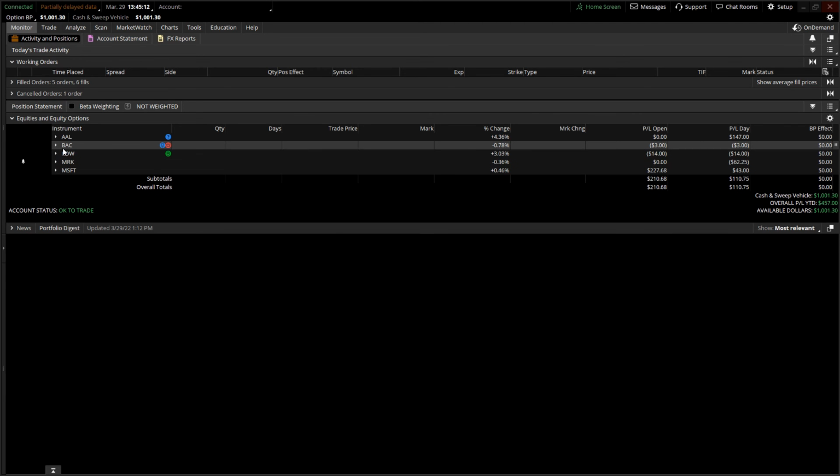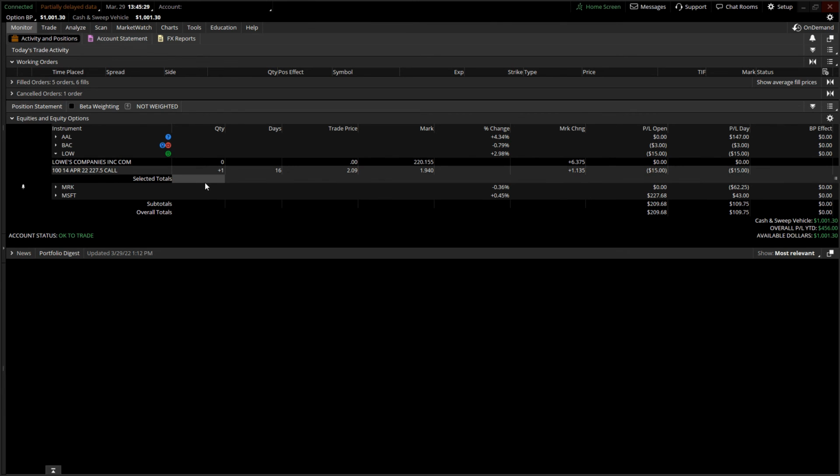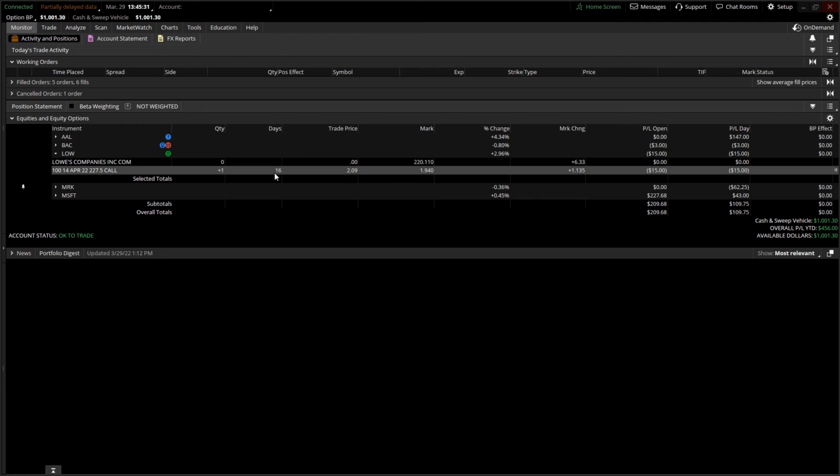Now, the other new position I'm holding involves Lowe's. Here I have a bullish sentiment, so I'm anticipating price will be at or above $227.50 on or before April 14th. I only picked up one contract at $209.